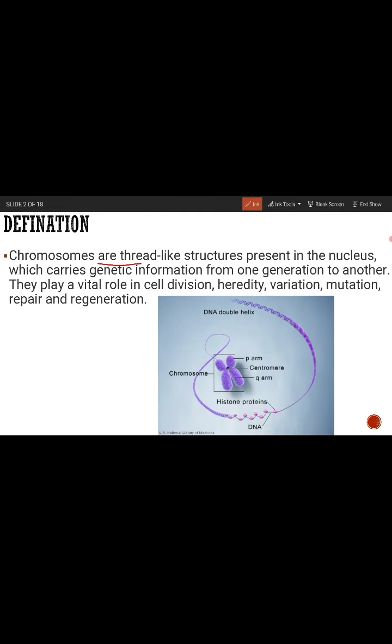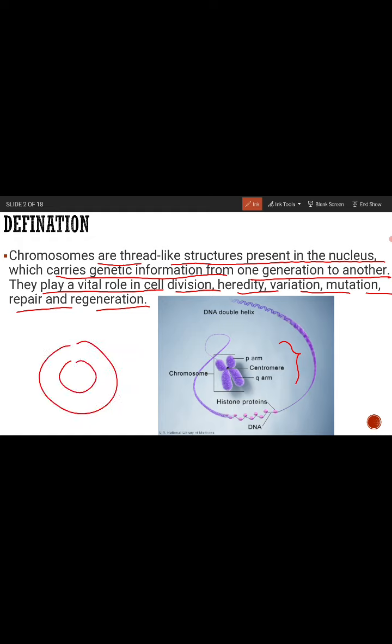So chromosomes are thread-like structures present in the nucleus, which carry genetic information from one generation to another. They play a vital role in cell division, heredity, variation, mutation, repair, and regeneration. As you can see, this is a chromosome, and it is found within the nucleus of a cell. They consist of genes.